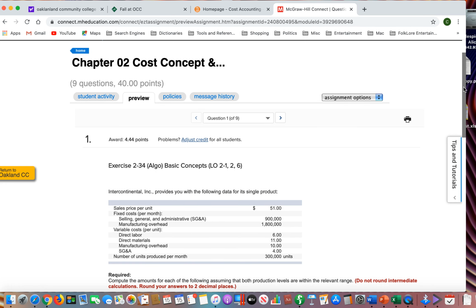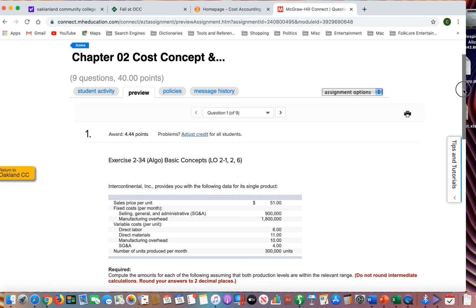We see that we have the unit price, a sale price of $51, 300,000 units that have been produced in this 1 month period, the fixed cost cited, and so is variable cost too. It's important to divide your cost into fixed and variable, and sometimes even a combination thereof. We call it variable cost, semi-variable or mixed cost.